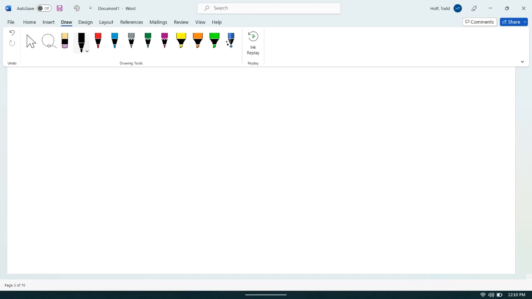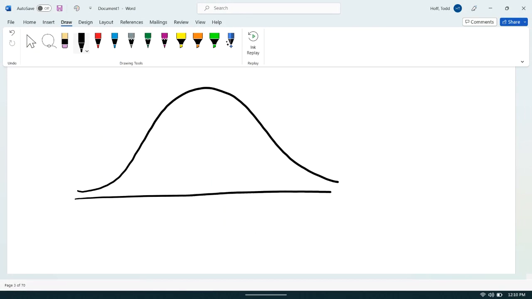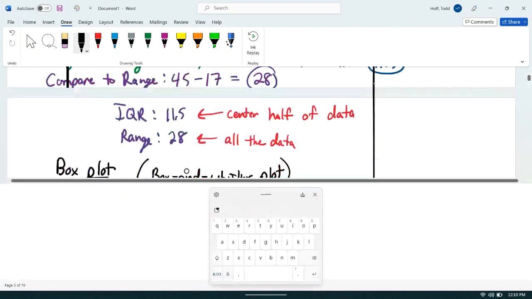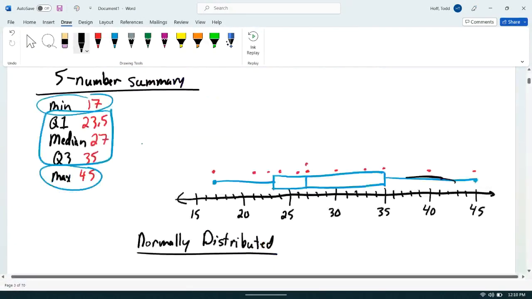So if we go back to that bell curve, this bell curve has some very specific properties that are very useful for us for breaking down data and how likely it is for data to take on certain values. We use something called the empirical rule.